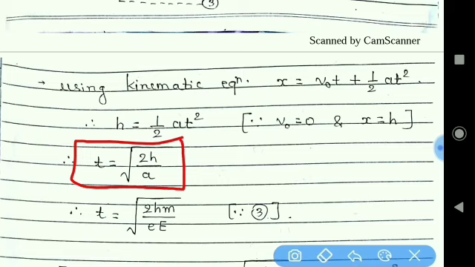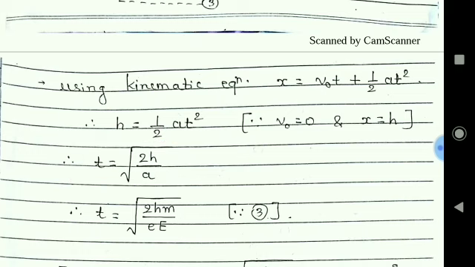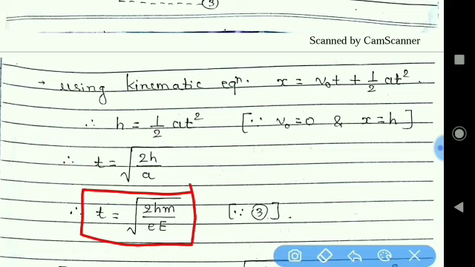Now acceleration from equation number 3. If we put this acceleration here from equation 3, this equation will take the form t is equal to root of 2h into m upon small e into capital E. So here we have obtained a general equation of t.